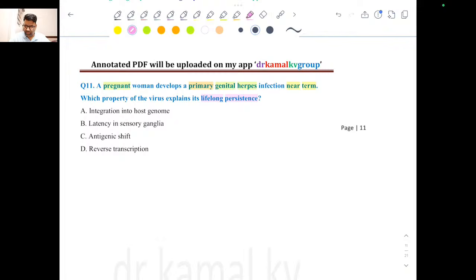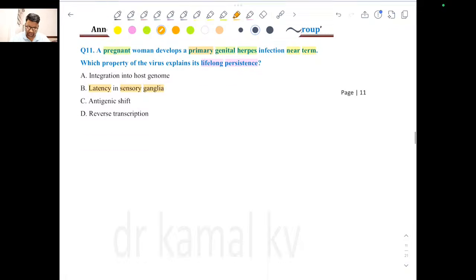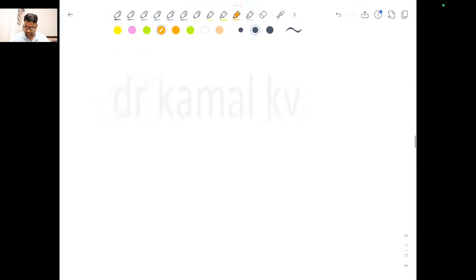So the condition is that she is having genital herpes, but the question is about how this virus is staying in the body for a long period of time, and yes, it remains dormant or latent in sensory ganglia, right? So latency in sensory ganglia.